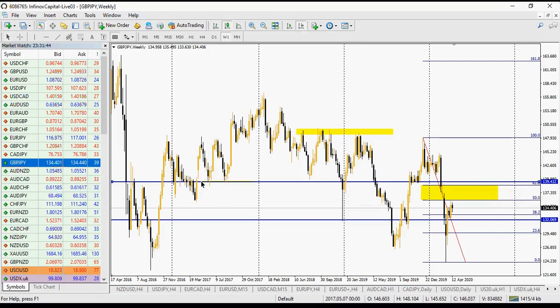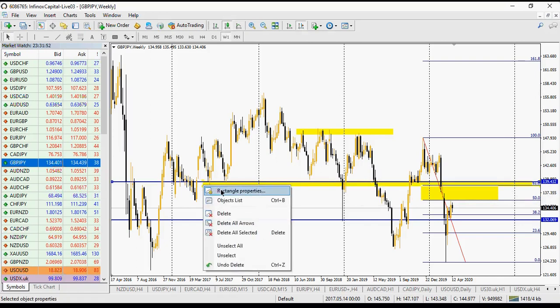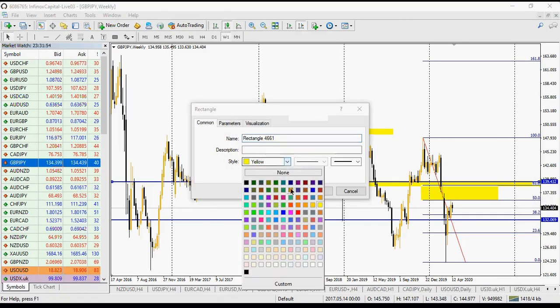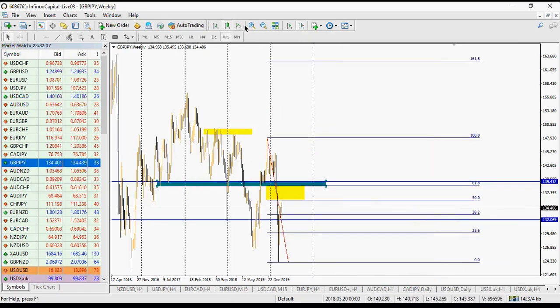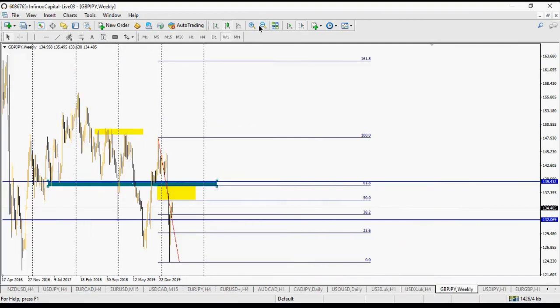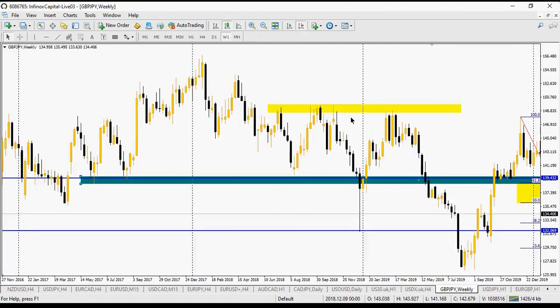So if you want to put it very well, something like this, that's an area of support. So there's every likelihood that when the market gets to this area, this is GBP JPY, that it may not go up further again. You can see this area was a very strong support resistance area in the past, and it's aligning with the golden zone that we have here.